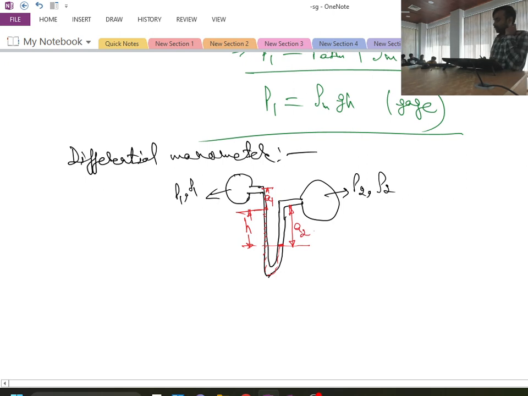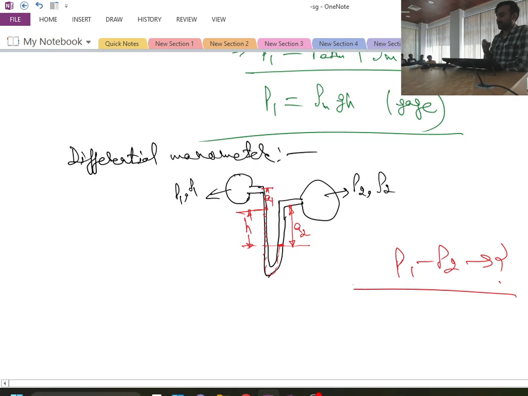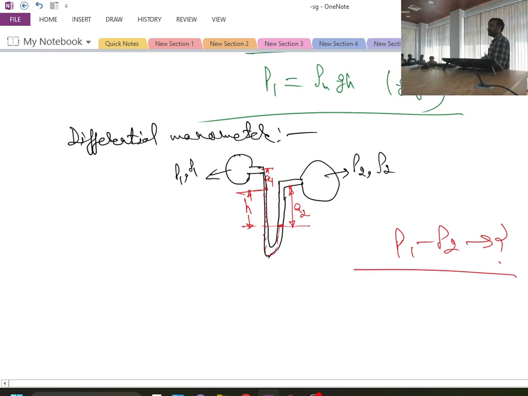Now can you tell me how I can calculate the pressure difference P1 minus P2? This is something I want to estimate. Say this is my point A, this is my point B. Once again pressure at A will be equal to pressure at B. What is the value of pressure at A?